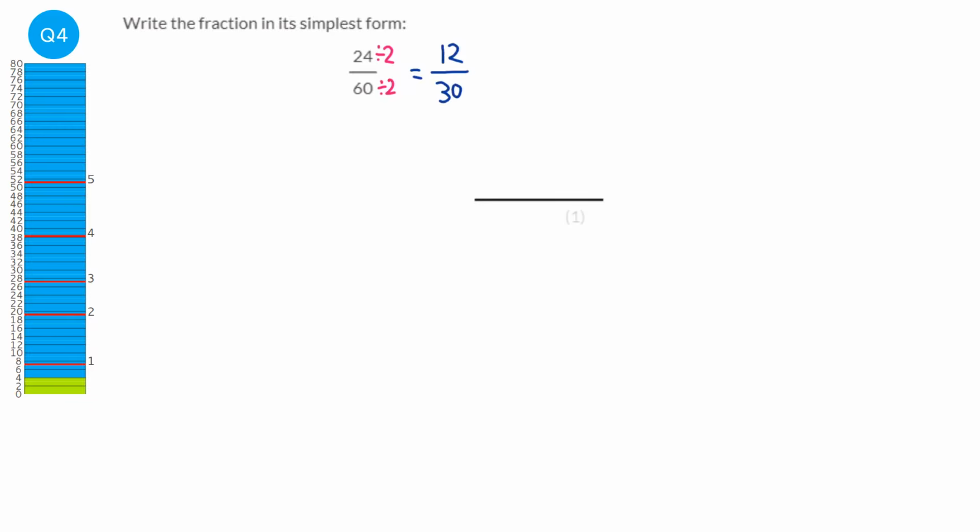These are also both even numbers, so we can again divide by 2. And that will give us 6 over 15. Now 6 and 15 are both in the 3 times table, so we can divide them both by 3. And we get the answer of 2 over 5. Now 2 and 5, there are no numbers that go into both 2 and 5. And so that is our answer.